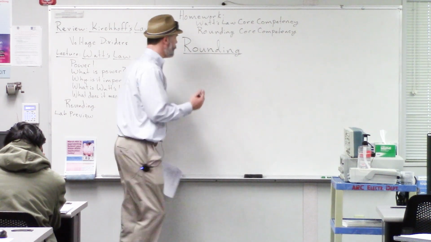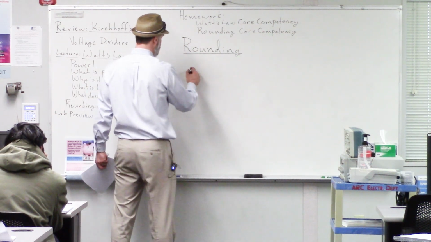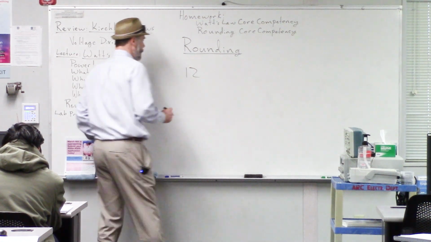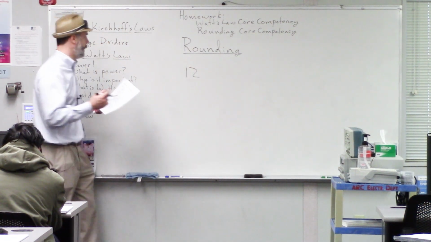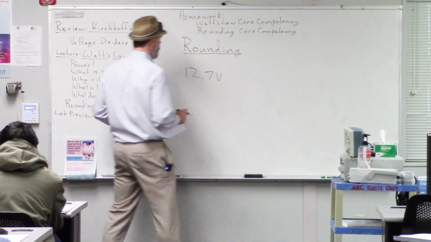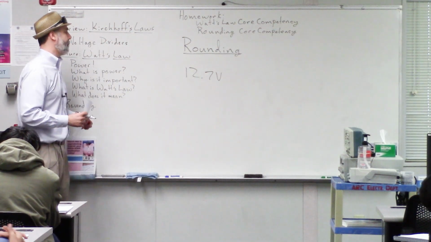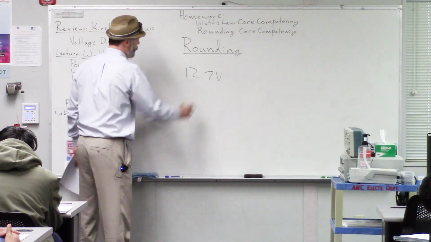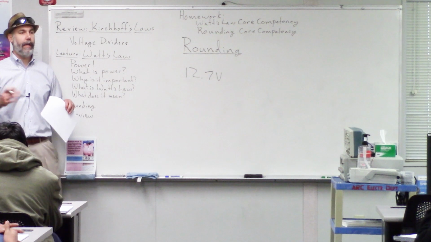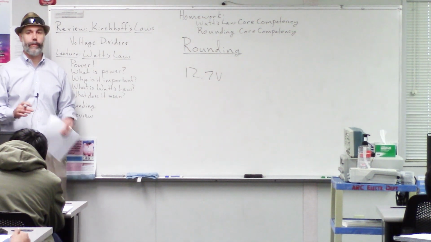Imagine you've got a measurement, and it comes out to be 12.7 volts. And you decide, okay, that's 3 digits of information. I really only care about 2. I really only want to keep 2 of them. I want to get rid of one of those digits.